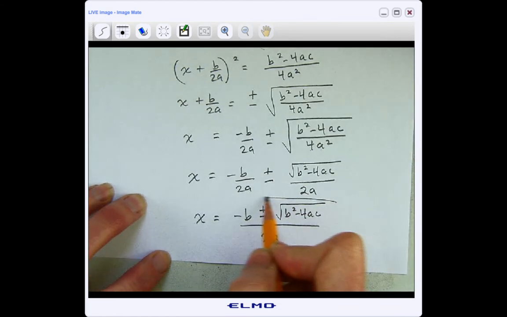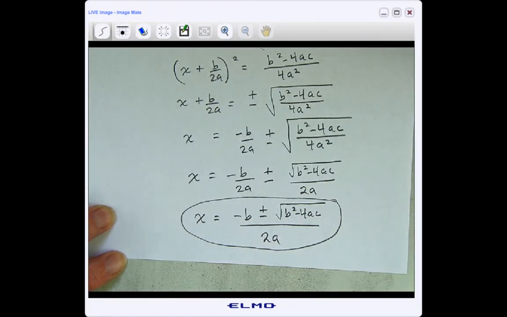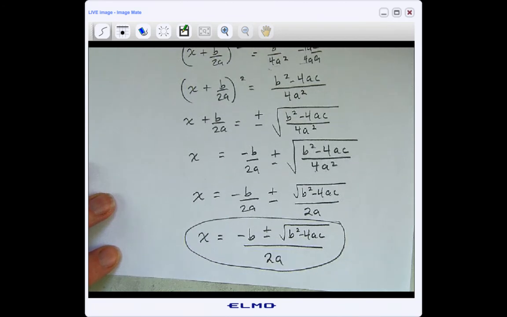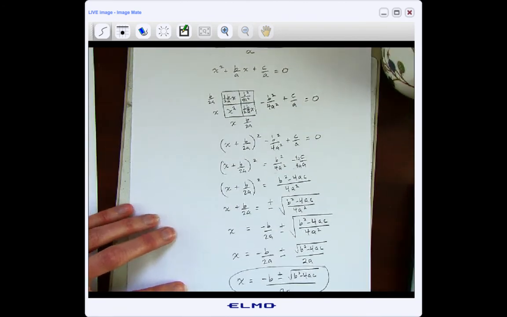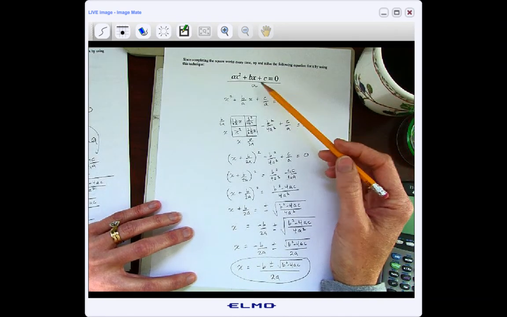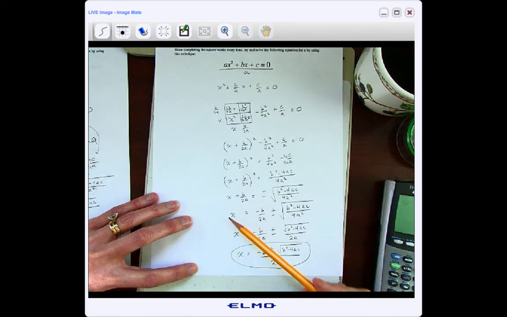And then ta-da! Have you seen that before? Yeah, that's the quadratic formula. So basically the quadratic formula comes from taking the standard form of a quadratic and completing the square.